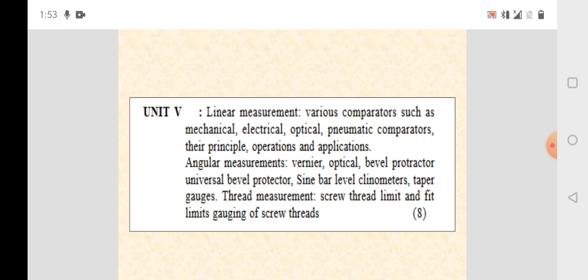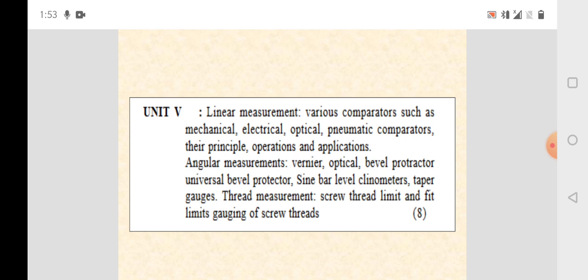Then the next is angular measurement, that is vernier, then optical bevel protector. All these are instruments used for measuring angles. Then there is thread measurement, screw thread limits, then limit gauging for screw threads.